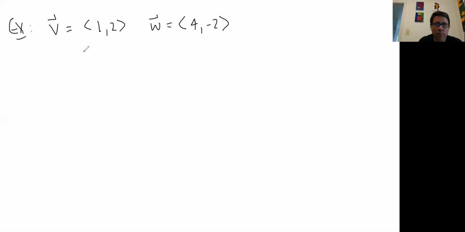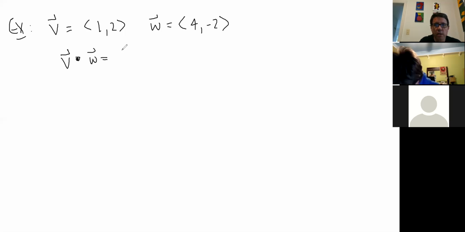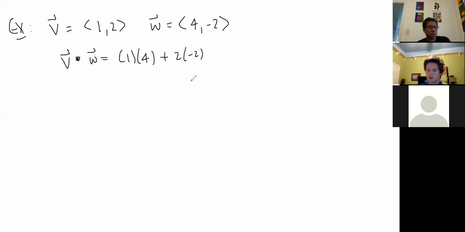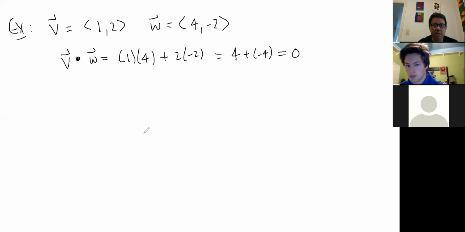If we do the dot product V dot W, we multiply the 1 and the 4 together, so 1 times 4, and then we multiply the 2's together, 2 times minus 2, and we add. We get 4, and then minus 4. We add them together, and we get 0.